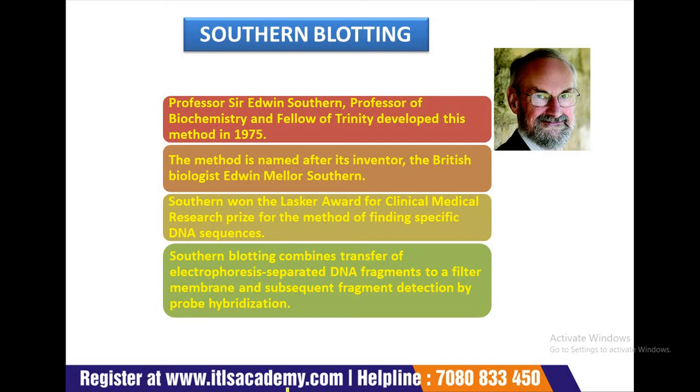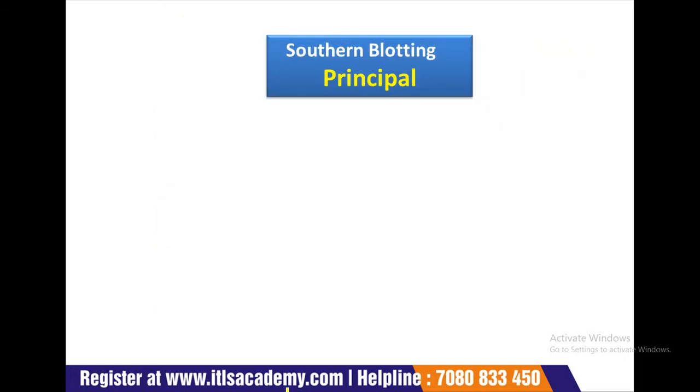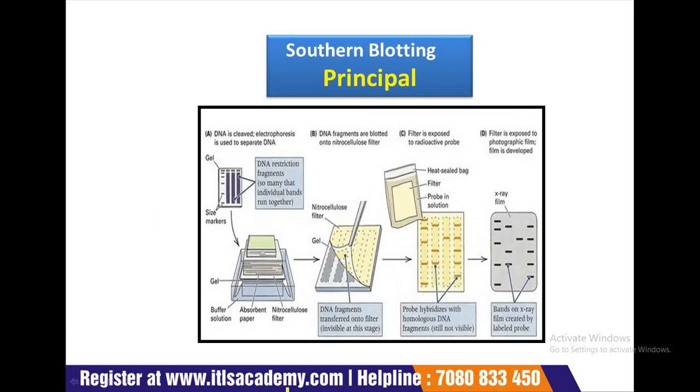So let's discuss the principle of Southern blotting. Southern blotting is an example of restriction fragment length polymorphism. Southern blotting is a hybridization technique for identification of a particular size of DNA from a mixture of similar molecules.